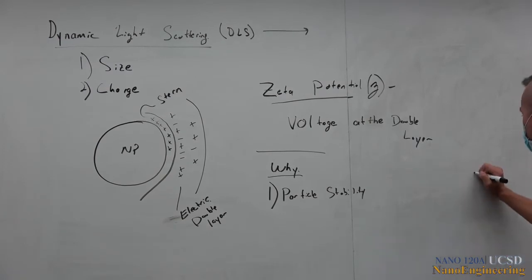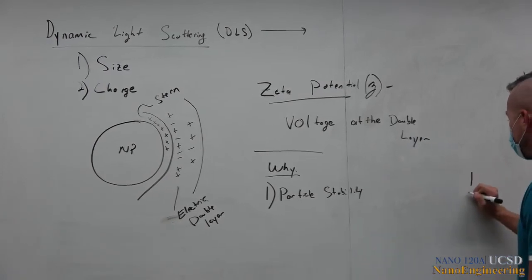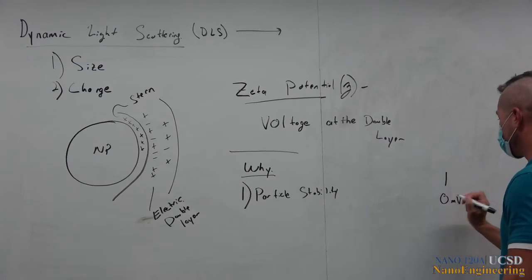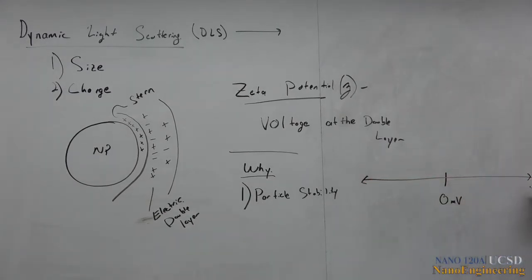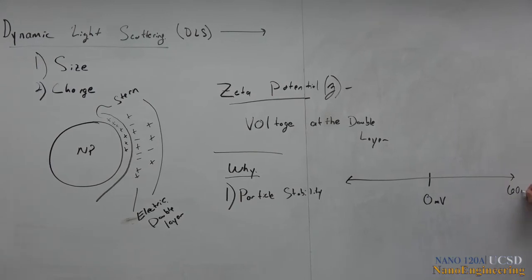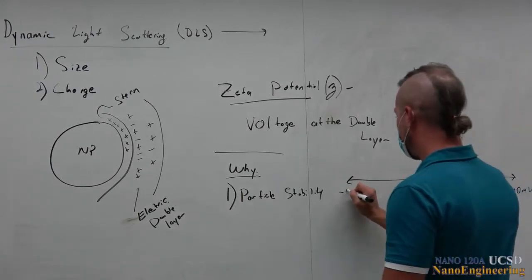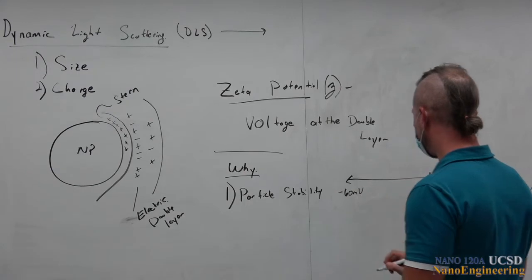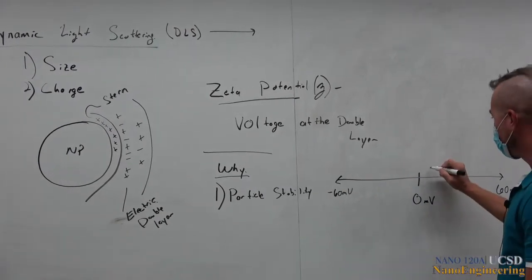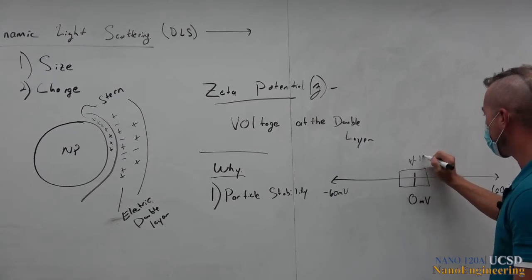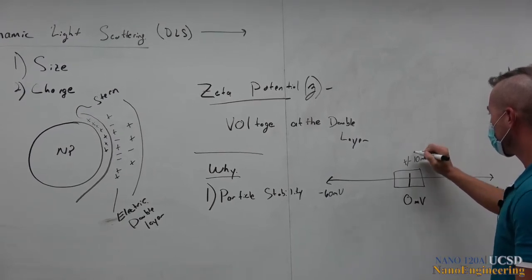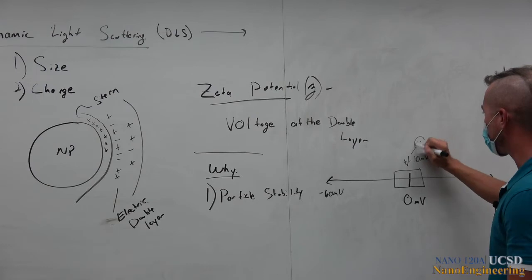So a good rule of thumb, if this is 0 millivolts to positive 60 millivolts and negative 60 millivolts, this region around 0, like roughly plus or minus 10 millivolts, that's pretty bad.